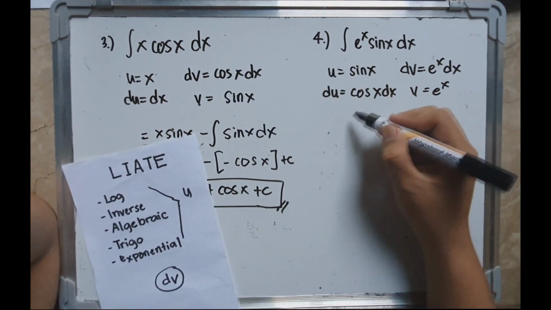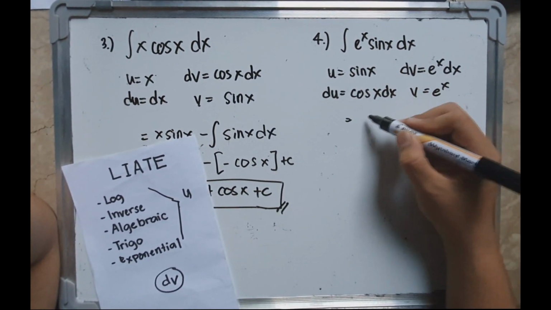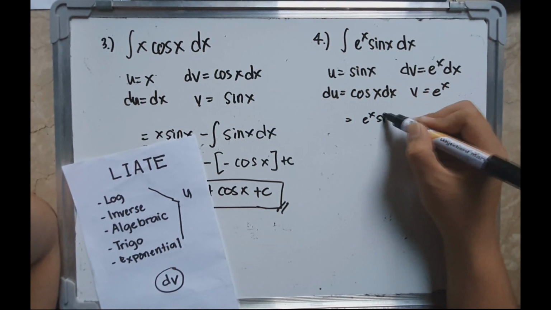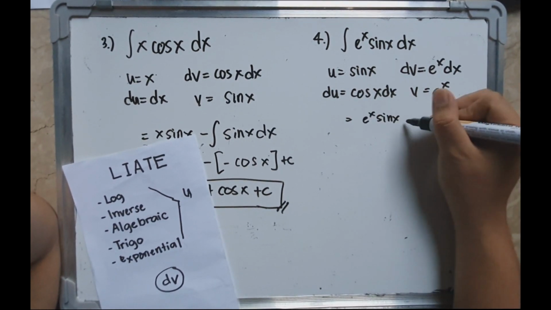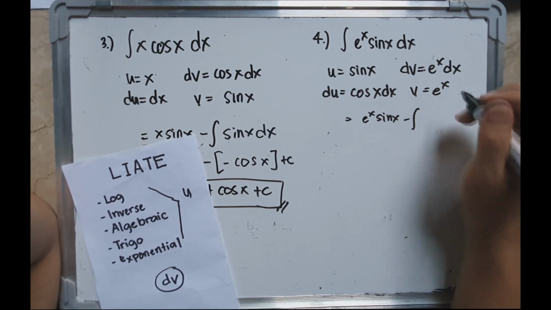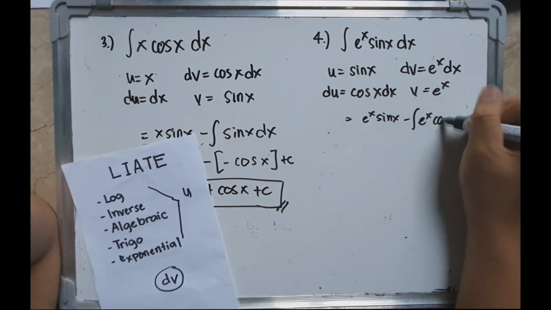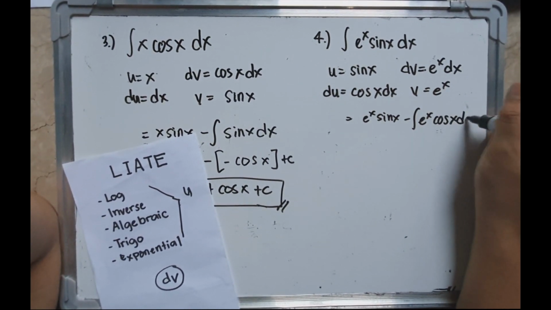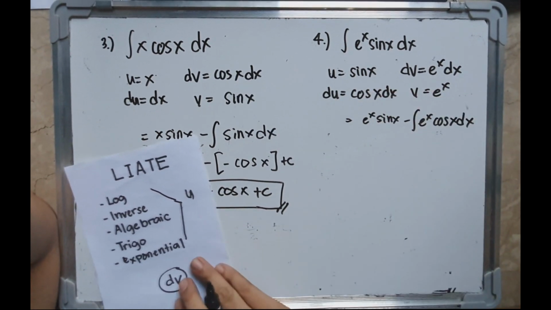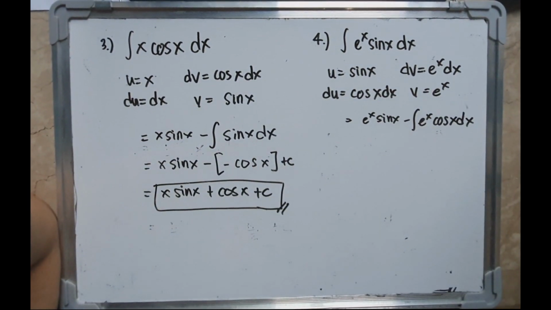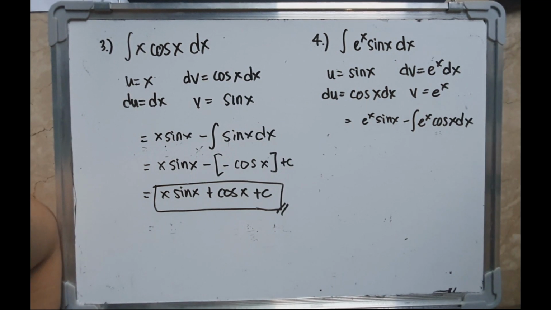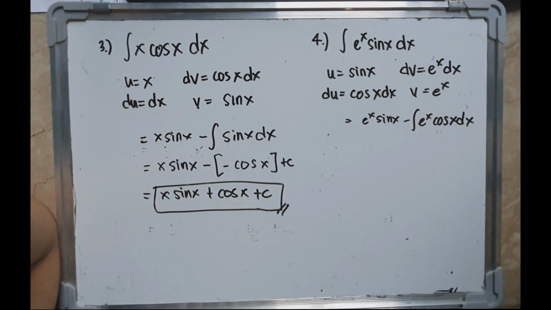U times v, e to the x sine x minus the integral of v, e to the x, times du, cosine x dx. Notice we have a bit of a problem here. Why?